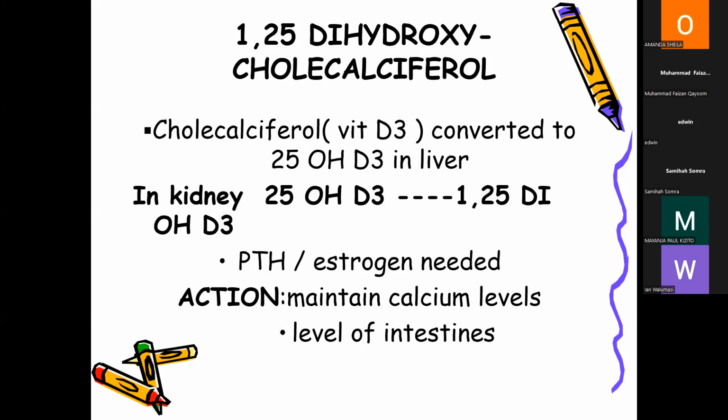Now, the last hormone, of course, not the last, but the last major hormone is referred to as 1,25-dihydroxycholecalciferol. You will find this also in any textbooks. These are the so-called vitamin D group. So 1,25-dihydroxycholecalciferol is considered the most active form of vitamin D, a cascade that starts from the skin with pre-vitamin D, cholecalciferol.